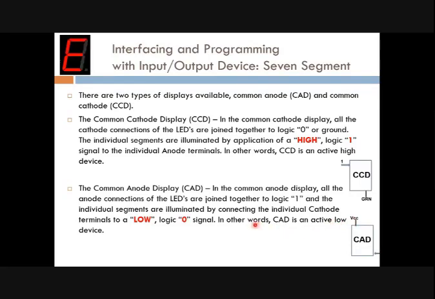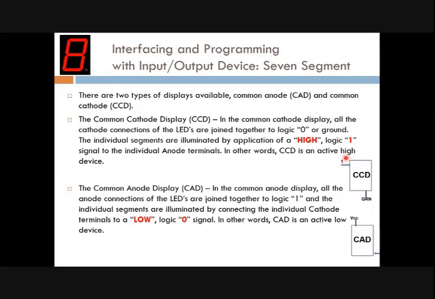In order to activate certain segments or all the segments on the 7-segment, you need to give logic 0 or low in order to light up a certain segment. So in this case, we call CAD an active low device. For CCD, we call it active high.